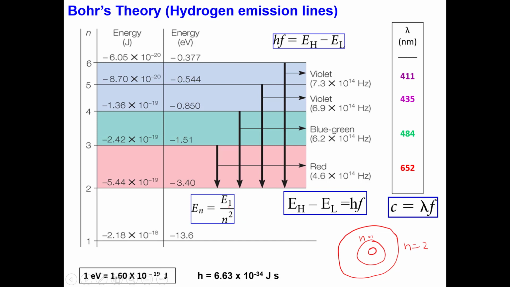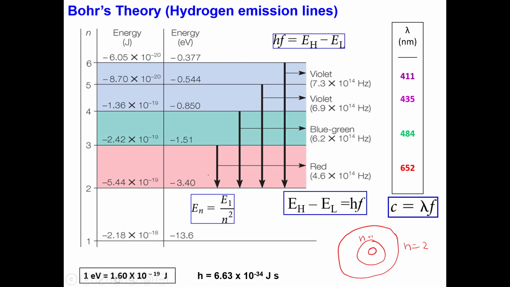This is the energy corresponding to n equal 1, this value, and n is the orbit. Yes? If you want to find the energy for the second orbit, you have to divide this number by 2 to the power 2, meaning you divide this number by 4. We will do some problems applying this equation.